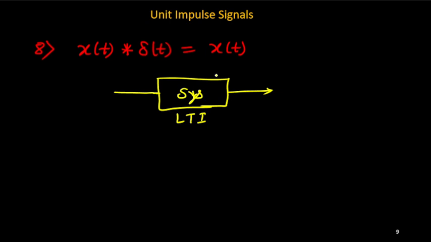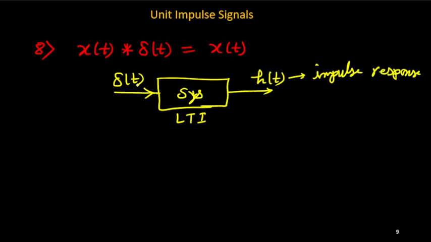The claim is that its impulse response is given. What is the impulse response? If I apply an impulse, we will be getting one response, suppose y of t is the output, and this is called the impulse response. So it is the response due to the impulse signal. Whenever we apply an impulse signal to the system, whatever output we get is called the impulse response.